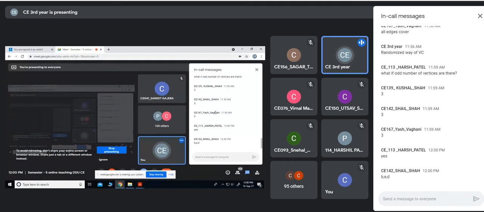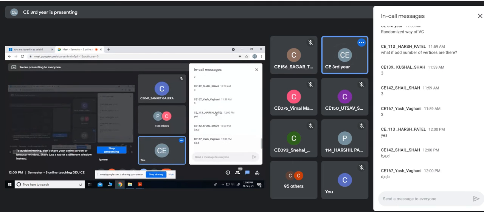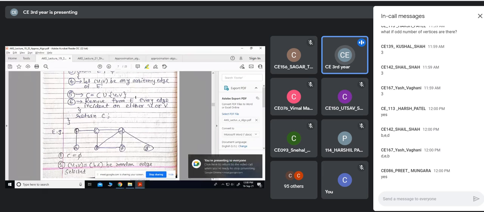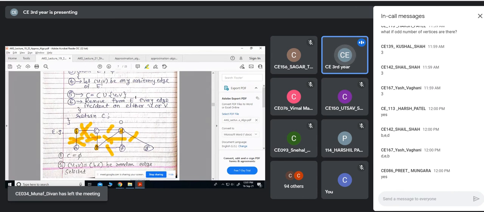Do you agree with Shail, Kushal, Harsh? Yes, others? Yes, B, E, D. So if you take B, this edge is not required, this edge is not required. If you take E, this is not required. And if you take D, this is covered. So size 2 cover is not possible. So the minimum size cover is 3.